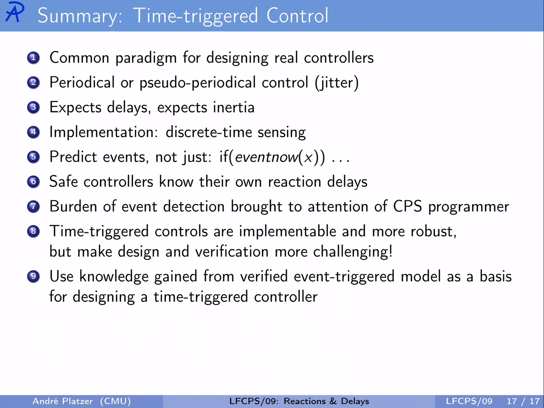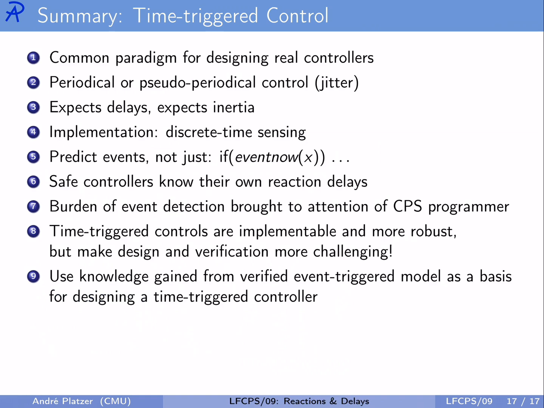The point is, for time-triggered controls to work, we need to assume an upper bound in the reaction delay, because just like in a car, if you have no bound on the amount of time it takes that you can open your eyes again after you just closed them, you shouldn't be driving cars at all. You expect delays, and you expect the inertia in the system to have a chance to control them directly.